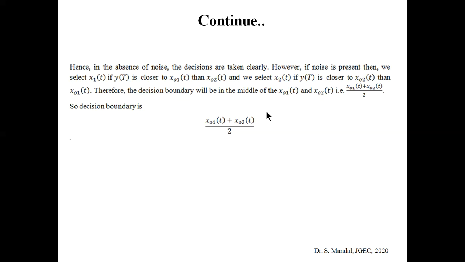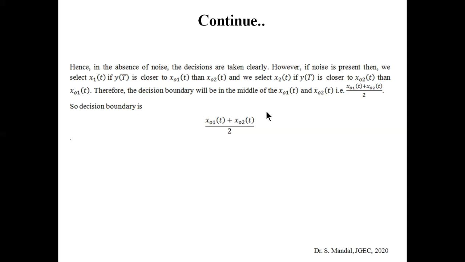Basically, remember that our objective is to identify which symbol is transmitted, either x1(t) or x2(t). The decision should be taken. That means our objective is not to reproduce x1(t) or x2(t), but to take the decision, x1(t) or x2(t), which symbol has been transmitted.